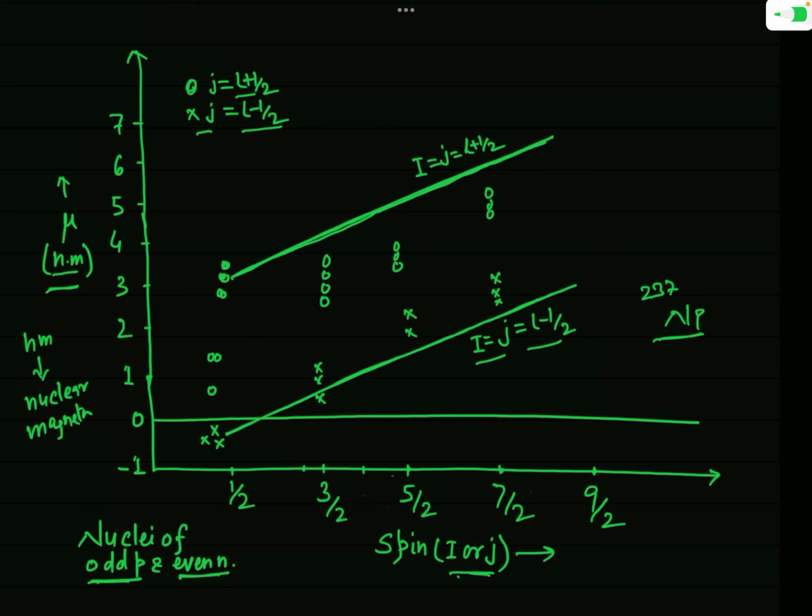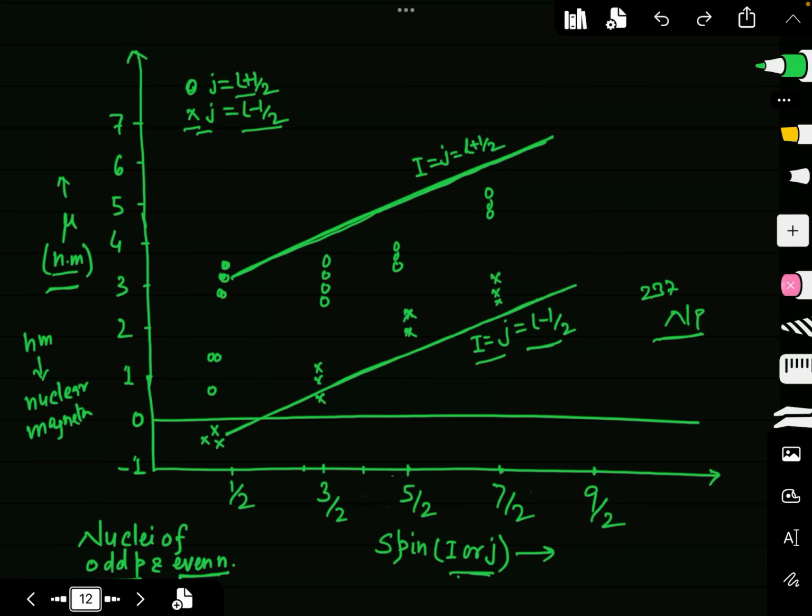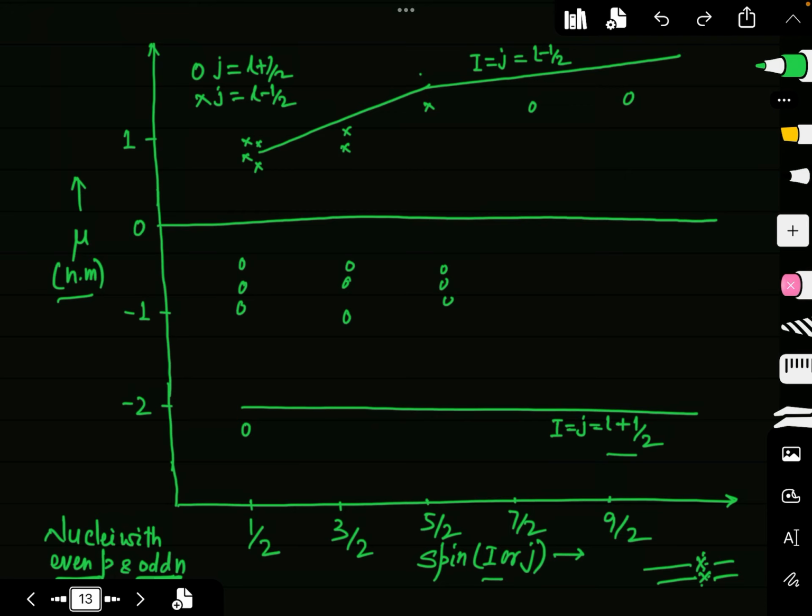And the other experimental points are marked by these crosses, you can see here. These points are actually close to the line J equal to L minus half. I am showing here the figure which is for odd proton and even n, but the same fact is valid for the other figure.